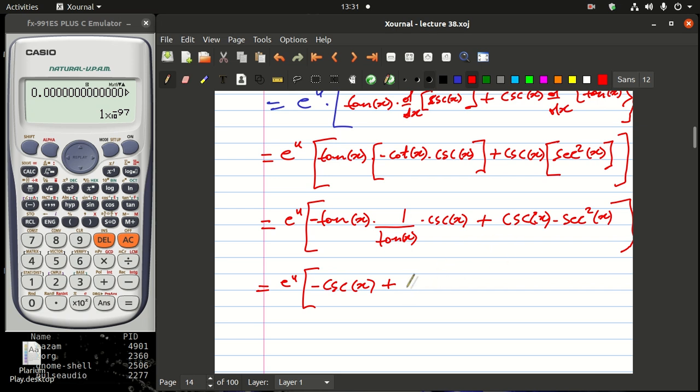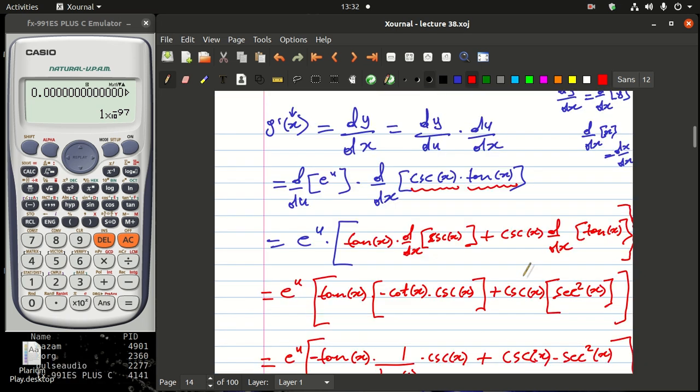And then here I still have a cosec of x, and then I have times sec squared of x.